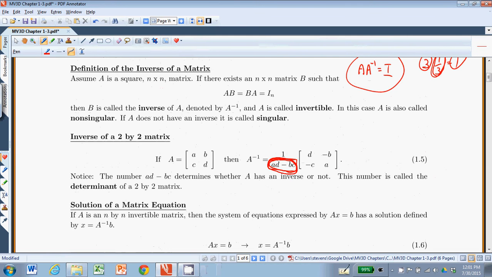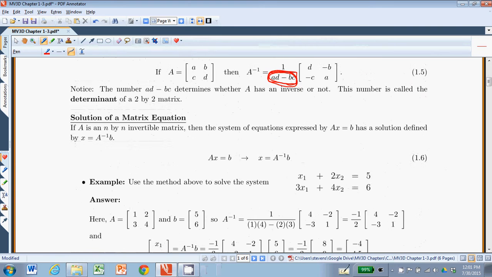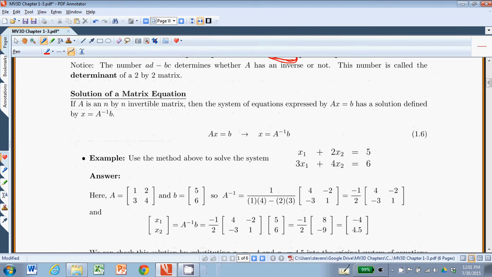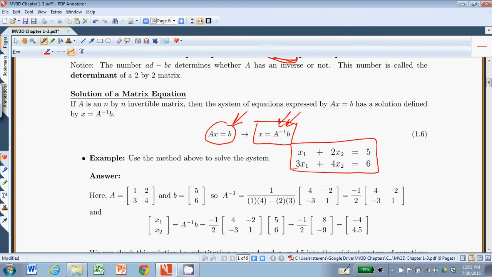So if we have a 0 for the determinant, there is no inverse. We showed that having this inverse is nice because if I have a system of equations and write it in the form of a matrix equation, I can then just symbolically solve it in terms of the inverse of A.